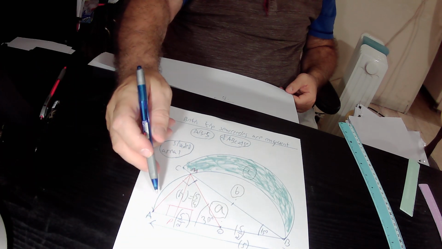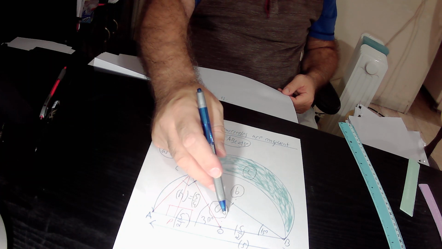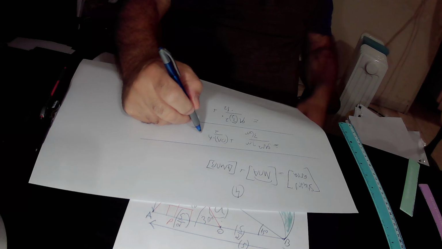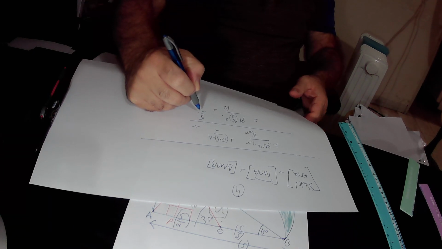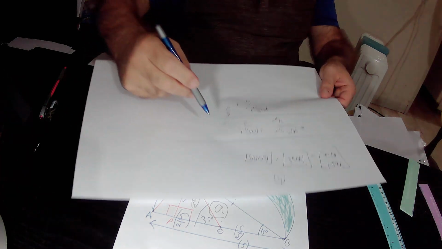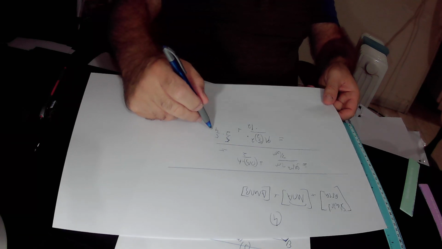OB is the radius of this semicircle, equal to 5 over 2, times the height, which is 5 quarters, divided by 2.